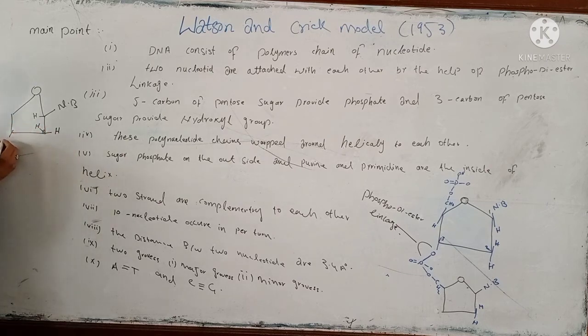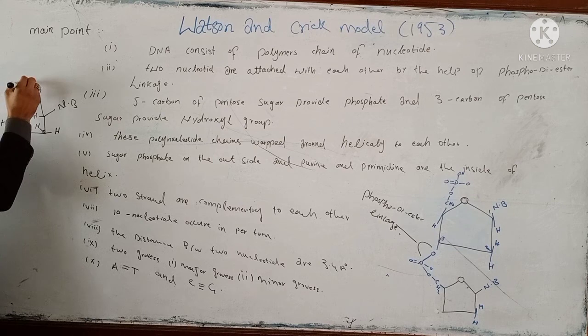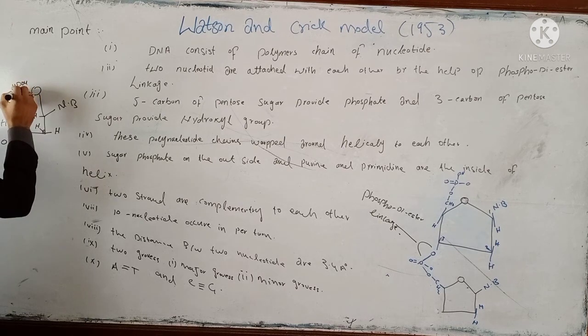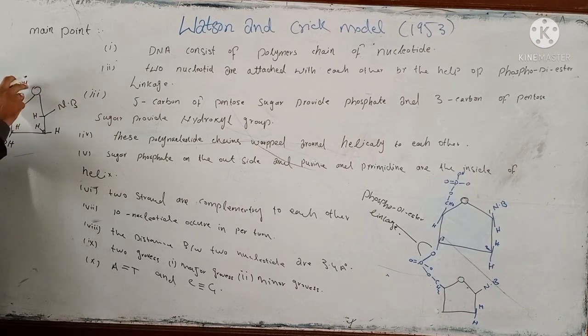In the third carbon, hydroxyl and hydrogen are present. In the fourth carbon, hydrogen and another carbon are present, and H3PO4, or phosphoric acid, is present at the 5 carbon.